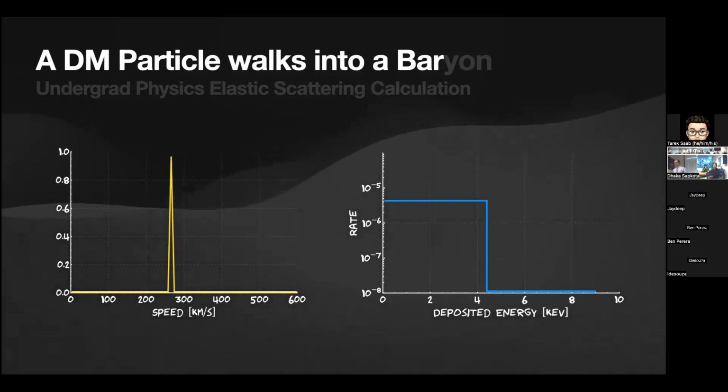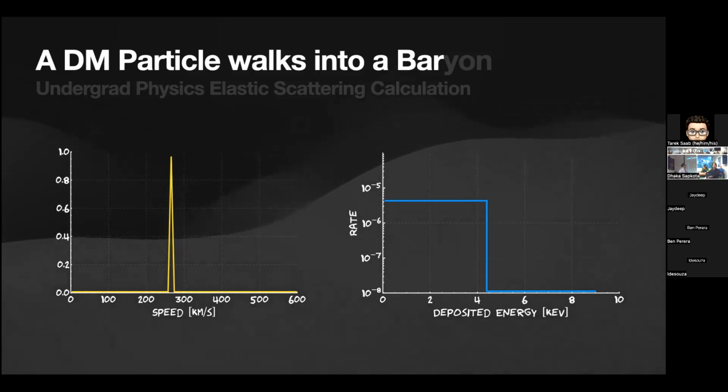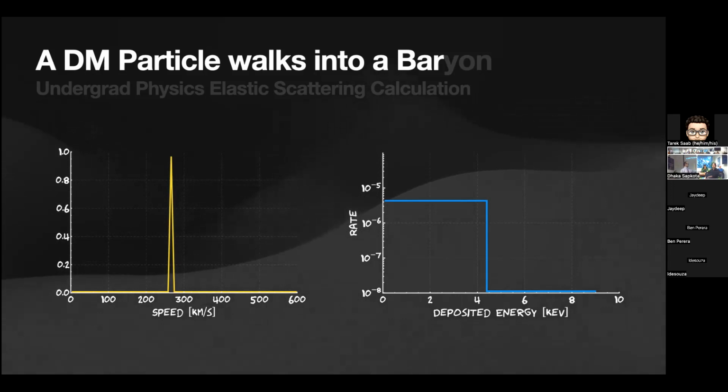Absolutely. So if you were to do a simple physics calculation of if you have all particles coming in with a single known velocity and they can interact elastically, scattering off of an atom, what you see, if you measure the energy imparted to the atom, is a distribution that's kind of flat, that goes all the way from 0 up to the maximum energy that this can convey, which depends both on its velocity and its mass.